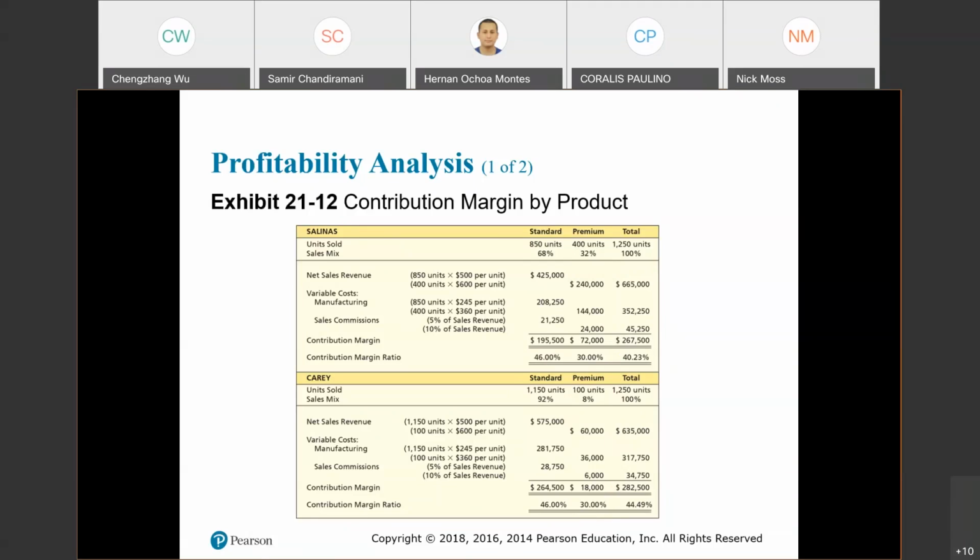And Carrie sells more units of the standard model than the premium model.